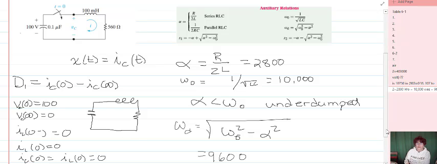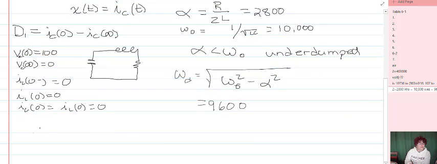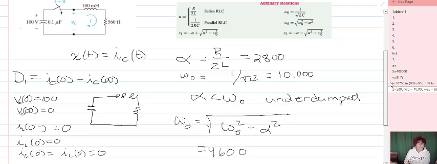So we know IC of 0 is 0. And we know IC of infinity: the capacitor is going to completely discharge. All the energy will be dissipated through the resistor, so IC at infinity will be 0.